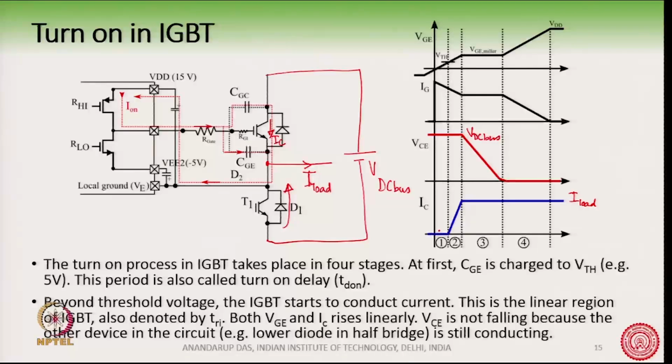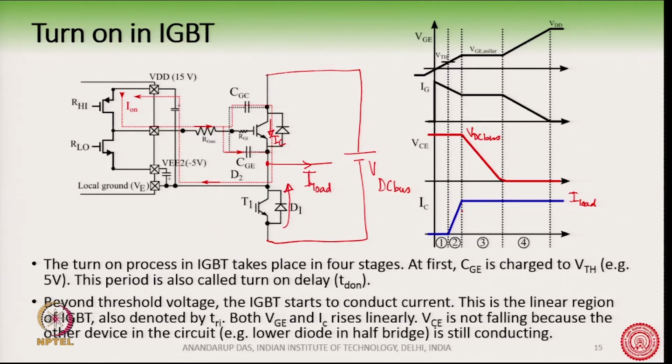Why? Because the loss across the IGBT is VCE times IC. There was very little loss earlier because IC was 0, but now there is a VCE equal to VDC bus, and a current rising here.